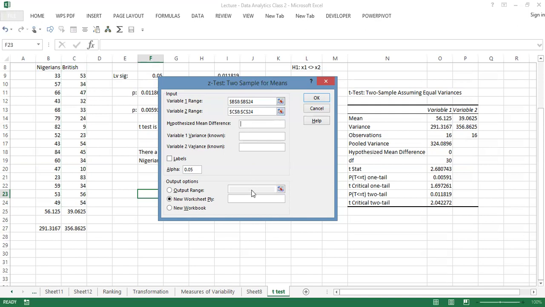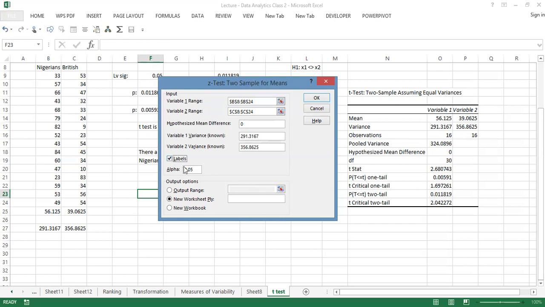Hypothesized mean difference. You see, basically the inputs are the same, apart from these variances. The variance of the first one, known, let's say, is 291.3167. Variance of the second one, 356.8625.